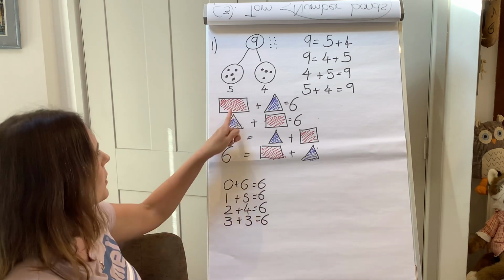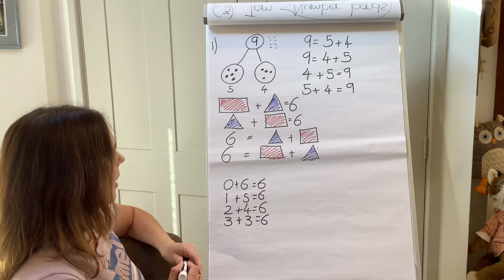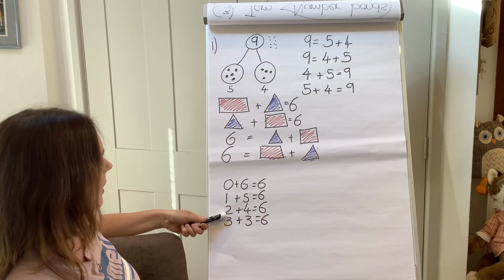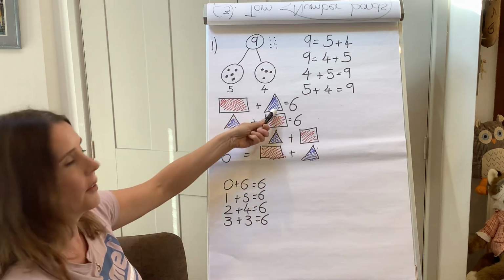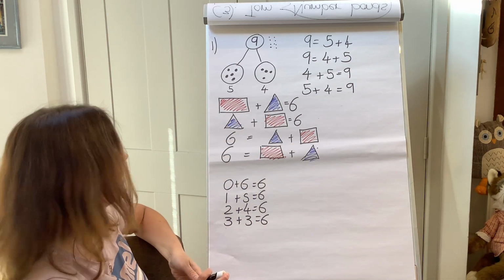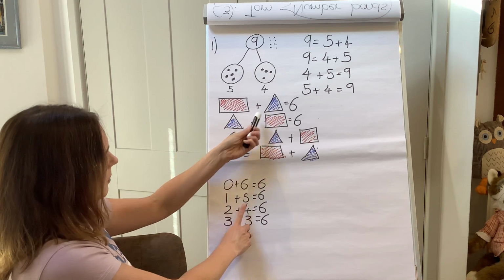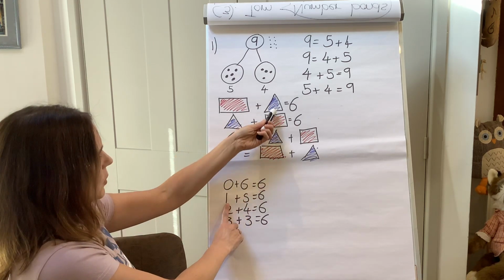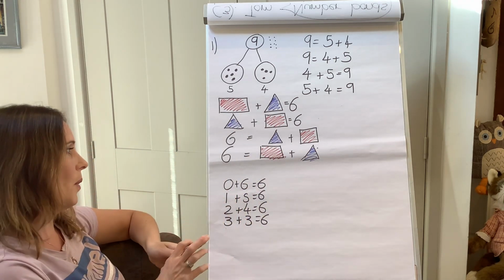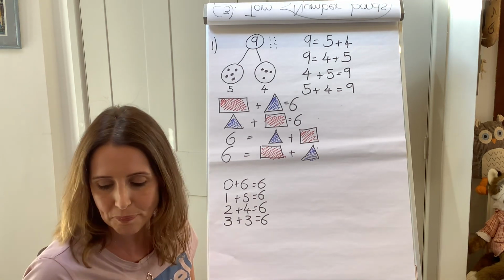Okay, so you could have the rectangle worth 0 and the triangle worth 6. You could have the rectangle worth 1 and the triangle worth 5. You could have the rectangle worth 2 and the triangle worth 4. You could have both of them worth 3. Or you could have the rectangle worth 4 and the triangle 2, the rectangle worth 5 and the triangle worth 1, or the rectangle worth 6 and the triangle worth 0. So well done if you've had a go at those, some great problem solving there.